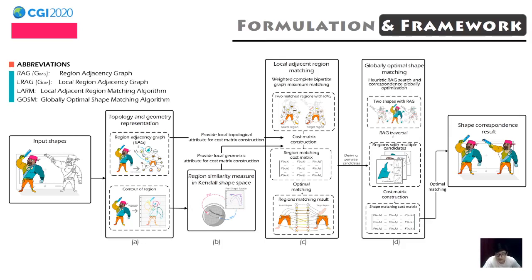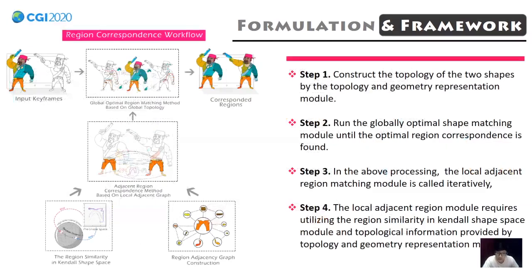The local adjacent region matching model can find the correspondence between two local adjacent region graphs and propose region pairwise candidates to the next processing. And the globally optimal shape matching model can optimize the computational complexity and extract the final correspondence between two shapes.